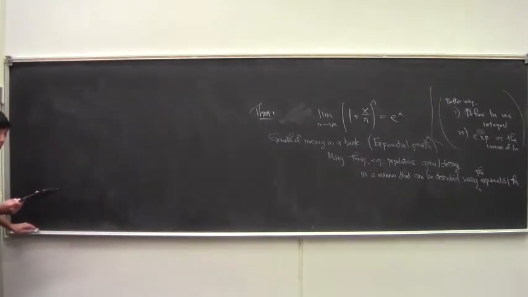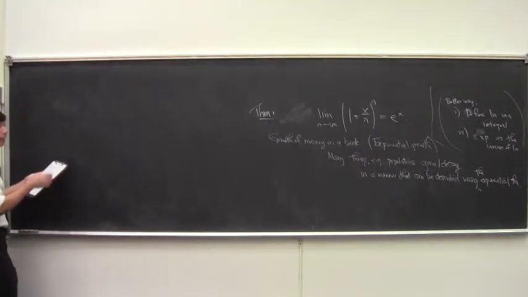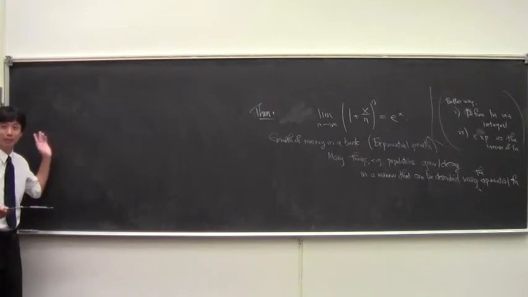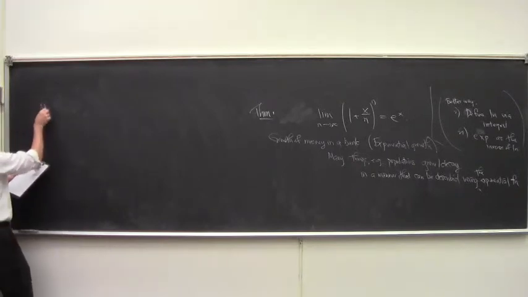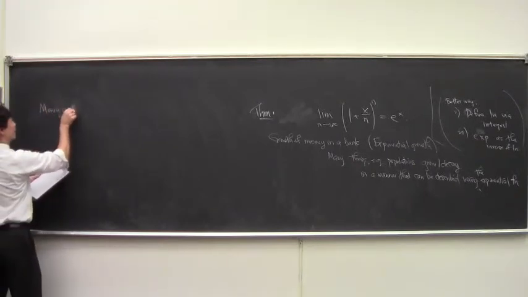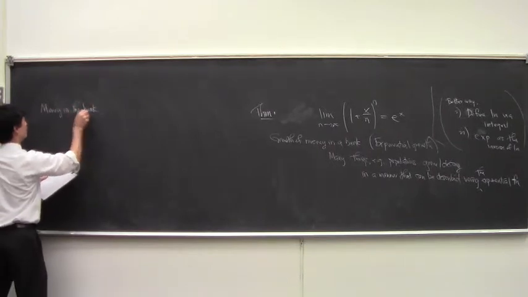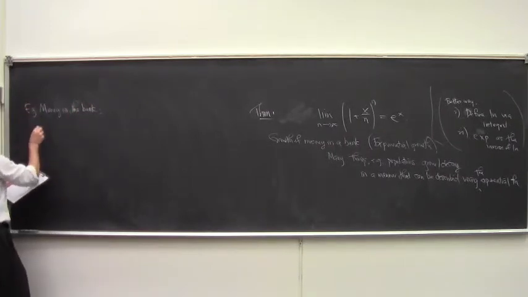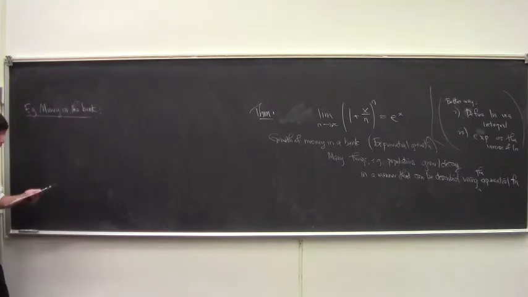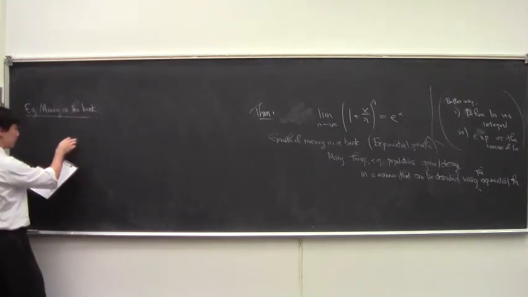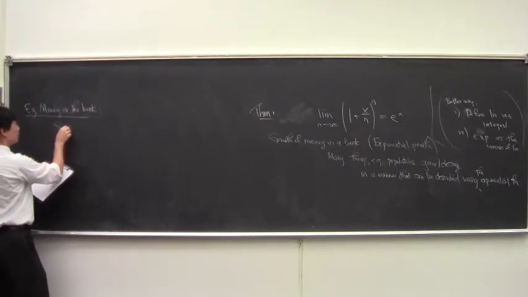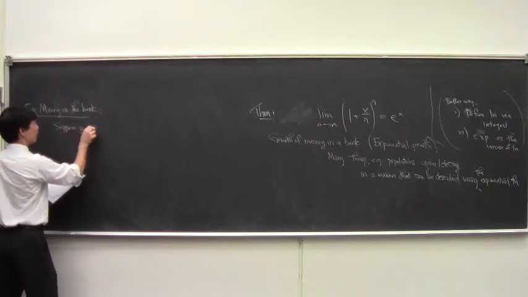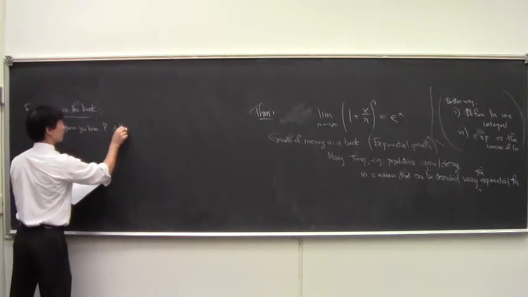For example, and this is not something natural, but something man-made: money in the bank. Suppose you have P dollars.